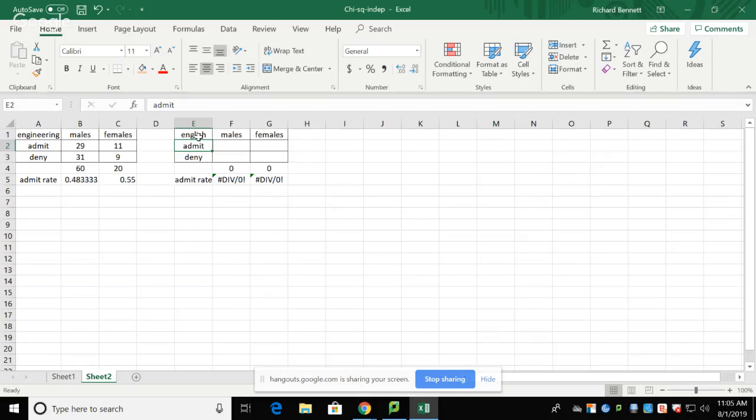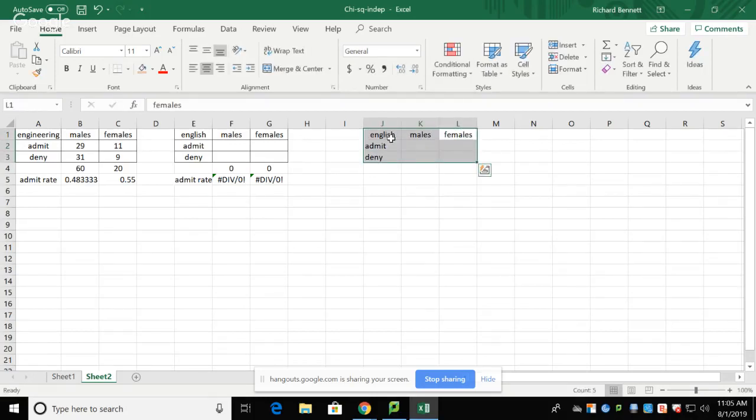It might keep showing up with the stuff. How do you make a table? Yeah, because whenever I go up there and go make table, all of a sudden it turns blue. Okay, here, watch this. I don't even touch it. Just type in English, admit, deny, males, females.